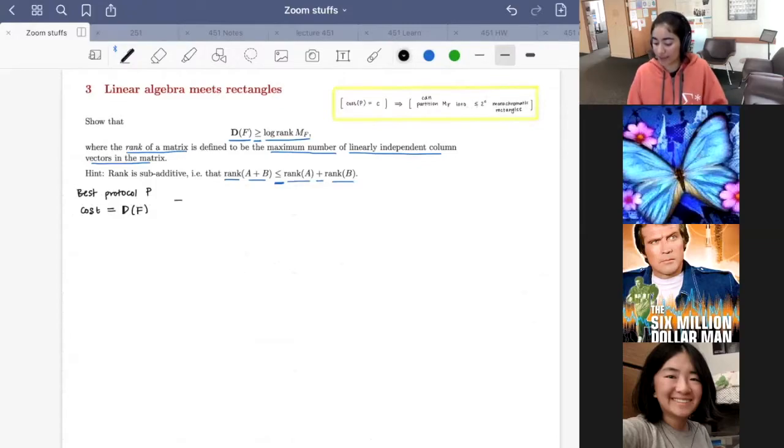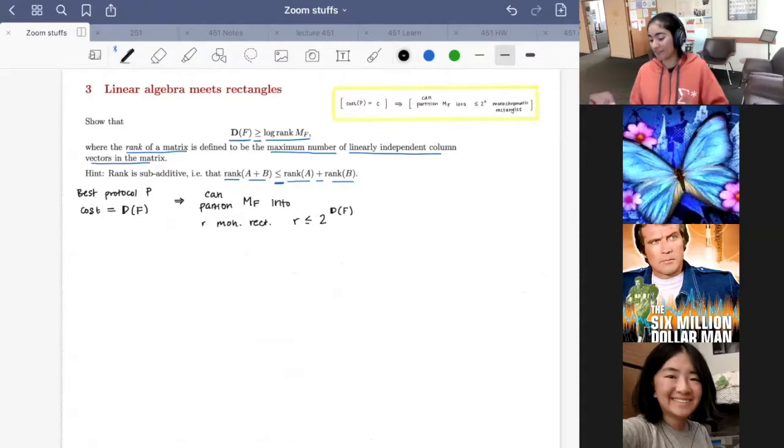And just applying the theorem, that means that we can partition MF into, I'm going to give it an explicit number, R monochromatic rectangles, such that R is less than or equal to 2 to our cost, which was the complexity of F.